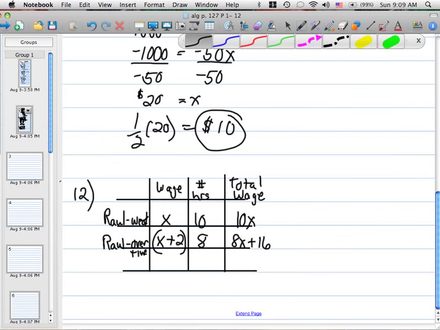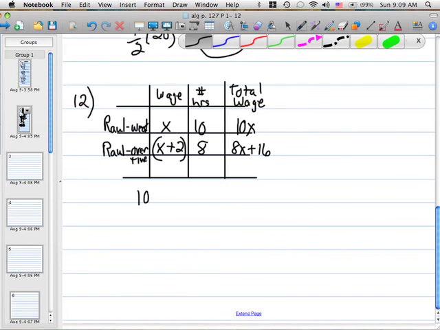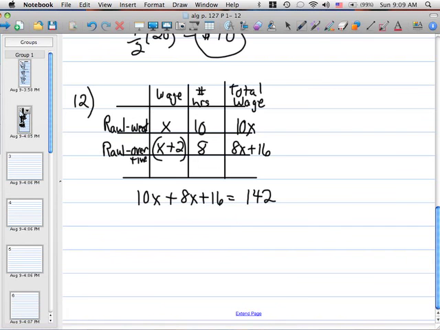And it said he made $142 total. So the 10X for the week plus the 8X plus 16 for the Saturday has to equal 142. Collecting like terms, we have 18X plus 16 equals 142. Subtract 16 from both sides.